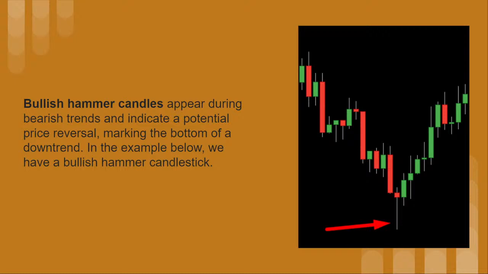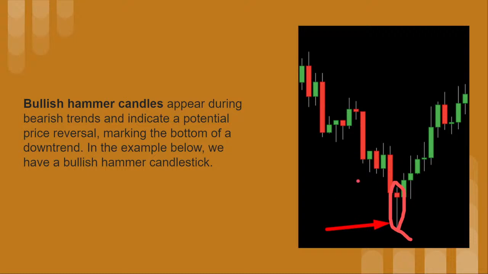So this bullish hammer candle will appear during bearish trends and also indicates a potential price reversal, marking the bottom of a downtrend. In the example itself, you can just check out the example. So this is a bullish hammer, right? After finding this bullish hammer candle, the price reversal happened. And the color doesn't matter here, the indication is important.